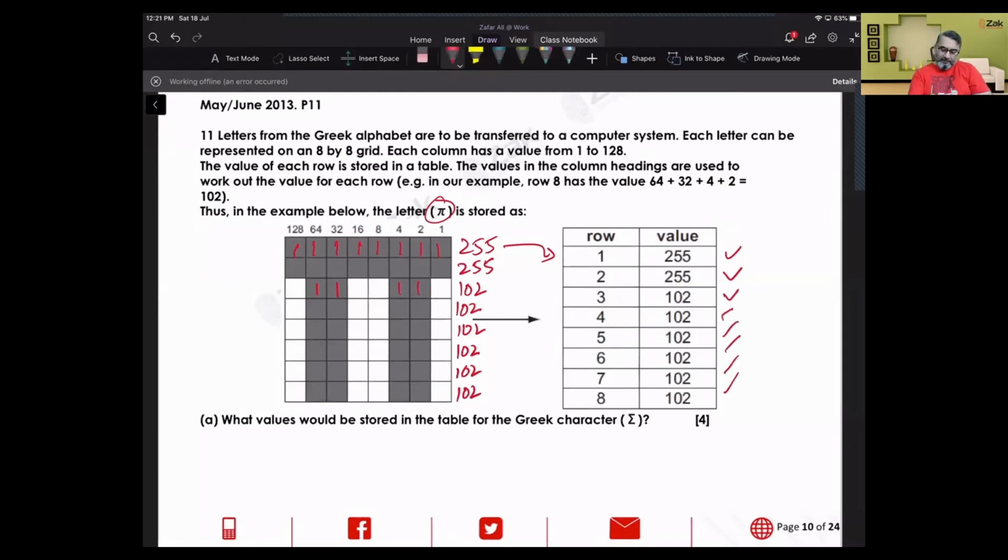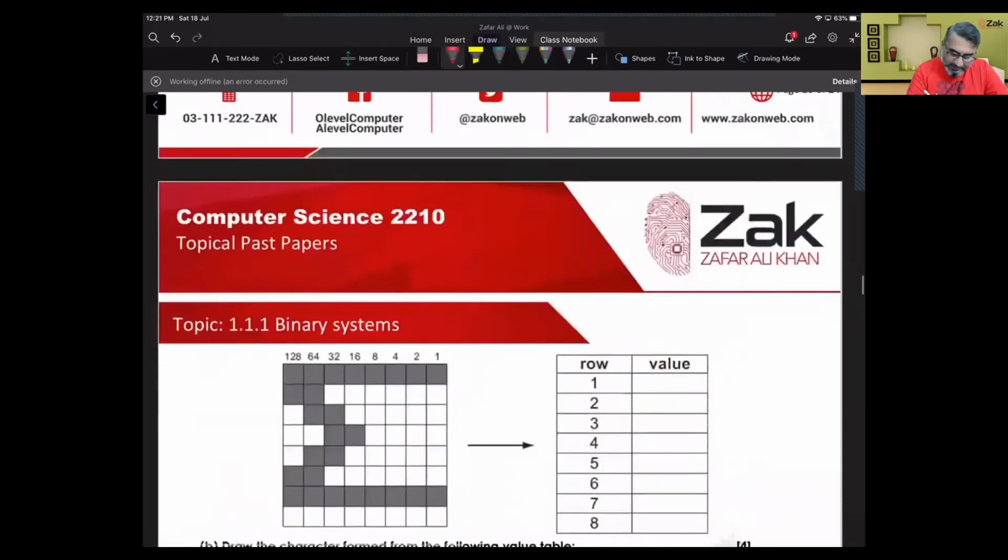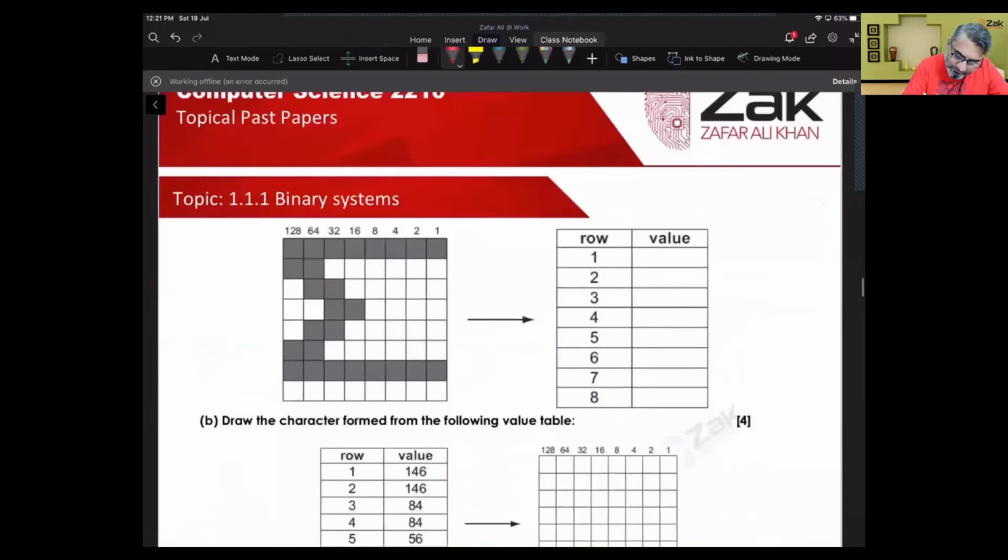Okay, now we have to check for sigma, like this. So let's see. This is 255. This is 128 plus 64, 192.